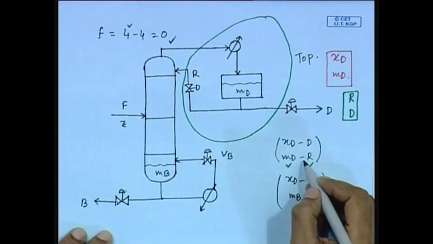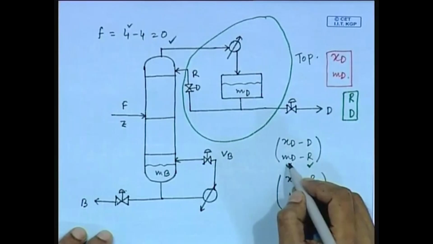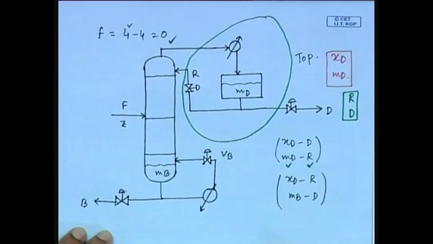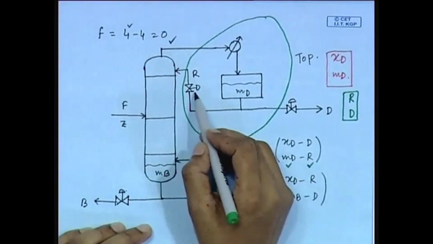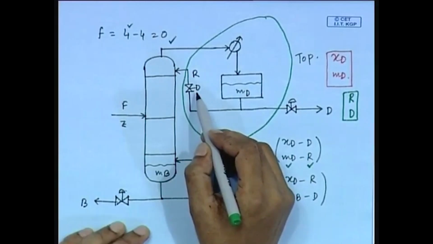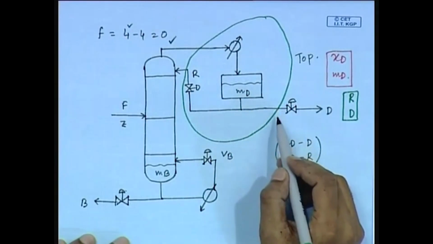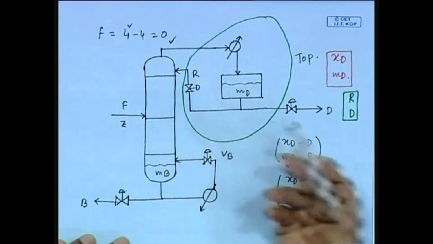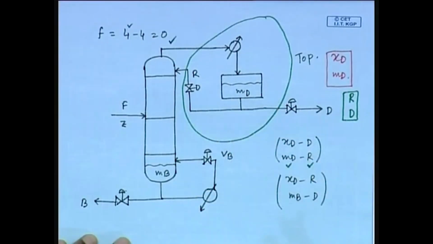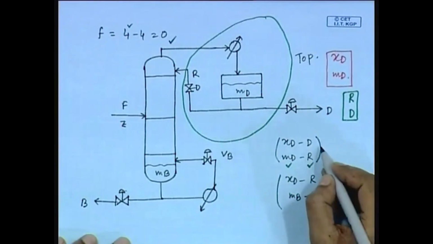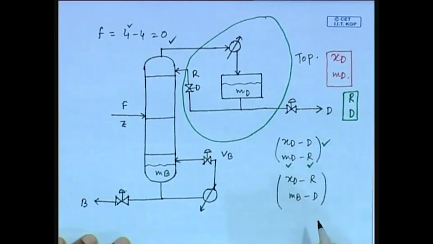If we consider the control of md by the manipulation of r, we can easily do that, there is no problem, because this is also outflow, I mean this is also outlet flow. So, we can choose any one for controlling the md. Another option is xd versus d.